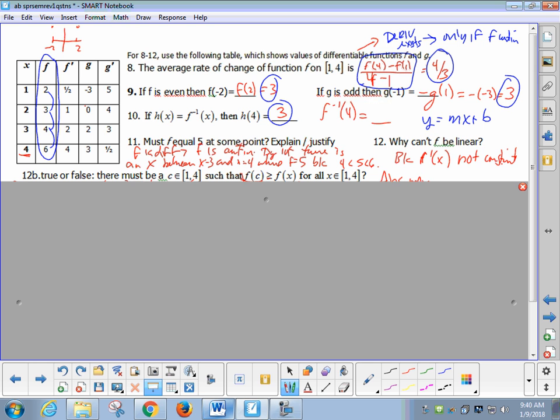Is there a y value greater than or equal to all other y values in the interval? Does f have to have some y value that's greater than or equal to all other y values?